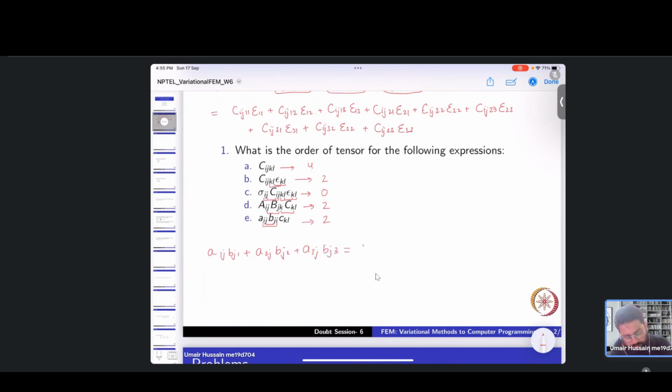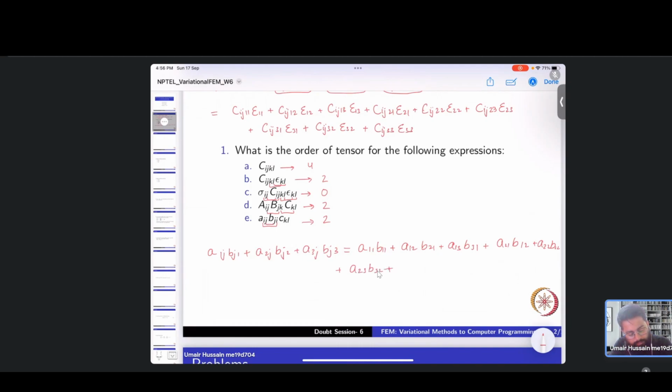So we expand the first term again: A11, B11, A12, B21 plus A13, B31. Then we expand the second term, A21, B12 plus A22, B22 plus A23, B32.